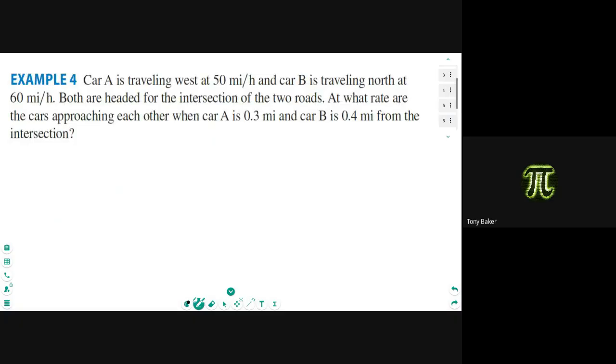Draw me a picture for this one and fill out all the information you can. I'm actually going to change the problem a little bit.